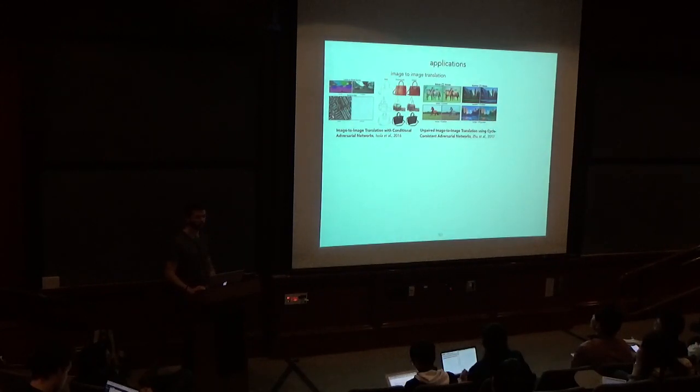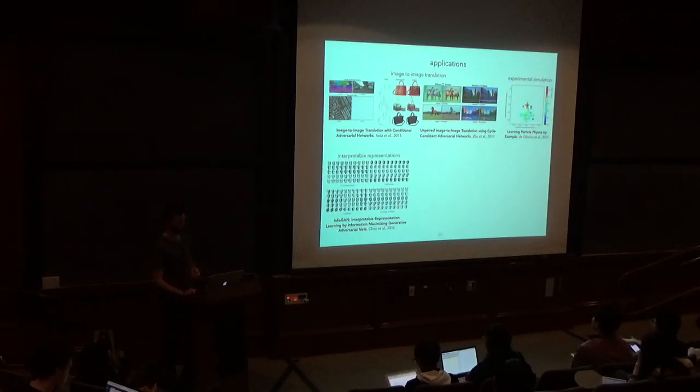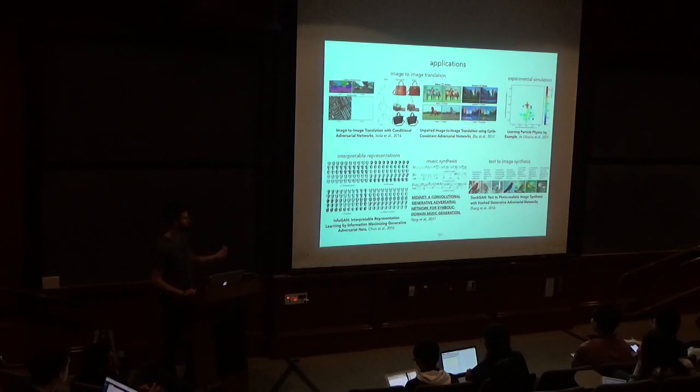People have looked at changing zebras into horses and back again, which somehow is a very exciting thing. And then people have also used GANs for things like I talked about, generating particle physics results, so trying to simulate actual experiments, and also looking at interpretable latent representations, synthesizing music, and even transforming between text and images.